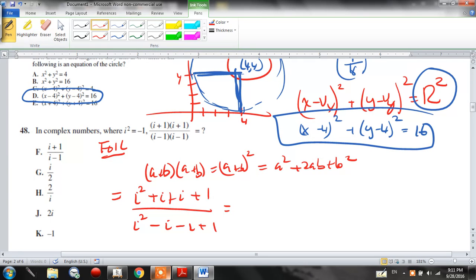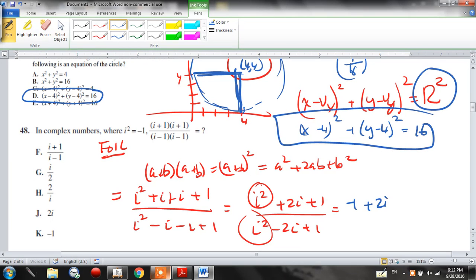Now, this will simplify to i squared plus 2i plus 1, and the bottom is i squared minus 2i plus 1. But then i squared is negative 1. So negative 1 plus 2i plus 1, negative 1 plus 2i plus 1. While these two negative 1's cancel each other out, negative 1 plus 1 is 0. So 2i over minus 2i.